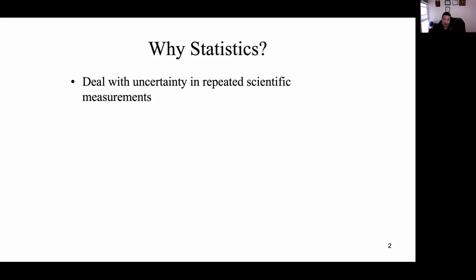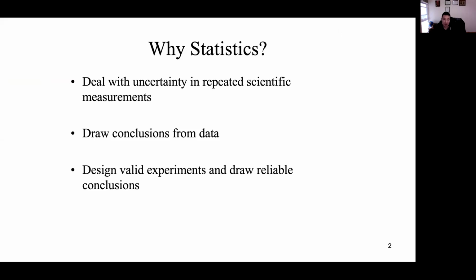We are also trying to draw conclusions from a sample, or data. The conclusion should be as reliable as possible. It will also help us design experiments and, based on the results of the experiment, draw reliable conclusions from it.